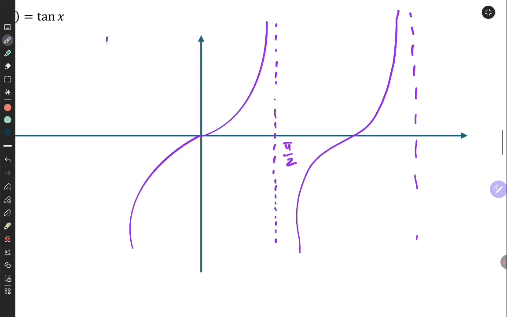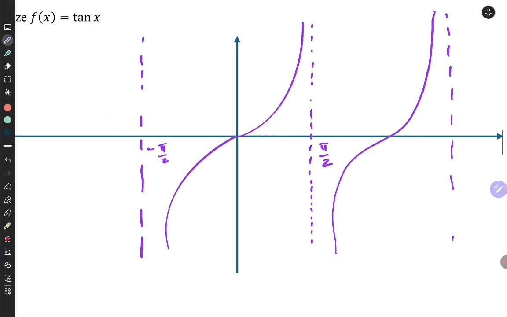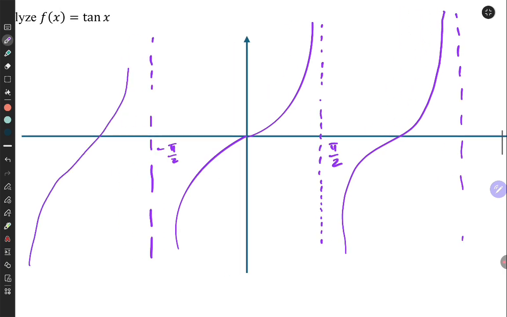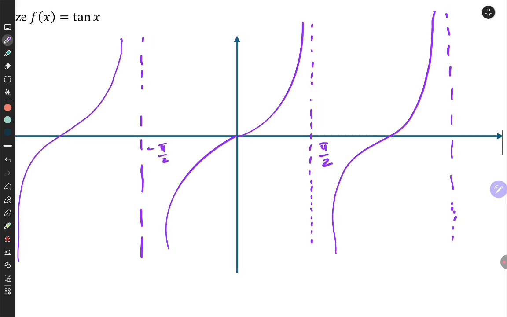And over here, negative pi over 2. So you have something like that. Negative pi over 2, this would be pi, this would be 3 pi over 2, this is 0, negative pi.